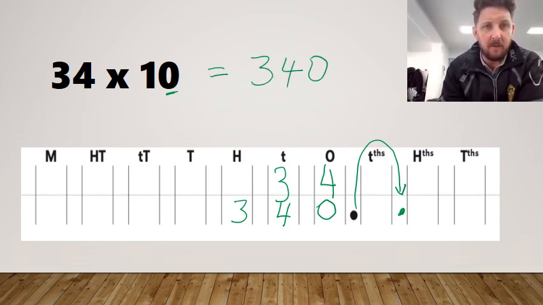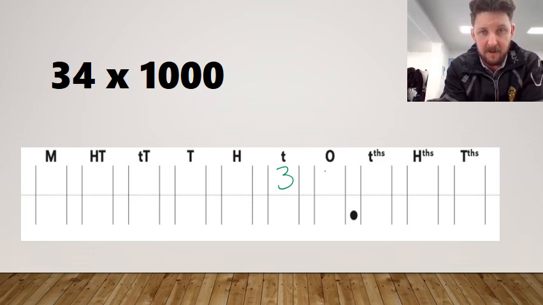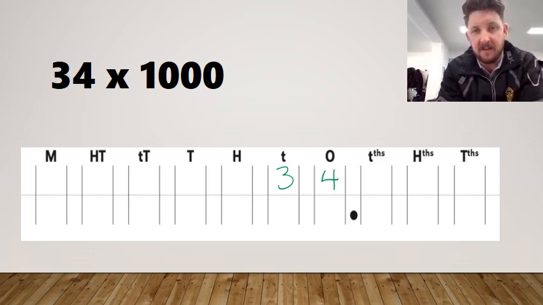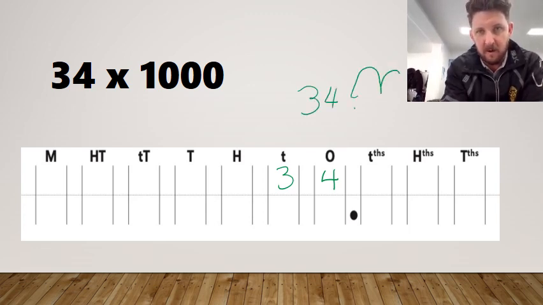All right, let's have another look at another one. 34 times 1,000. If I put 34 on my number line, I can either jump the decimal, and I go 34, and there's my decimal, and I jump it 1, 2, 3, because I know there are 3 zeros on 1,000, and I can then put in my zeros.